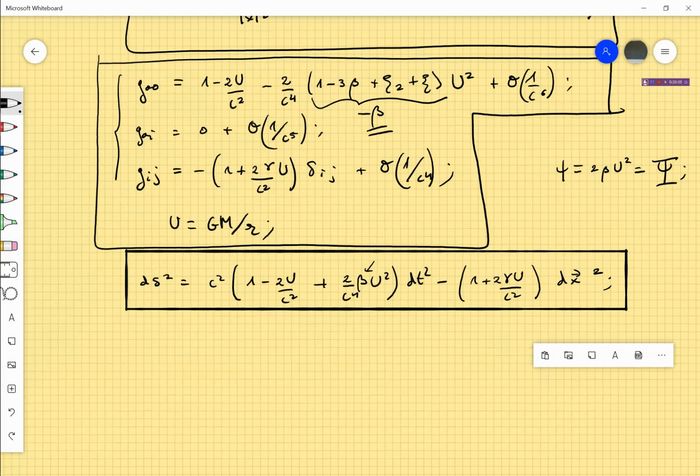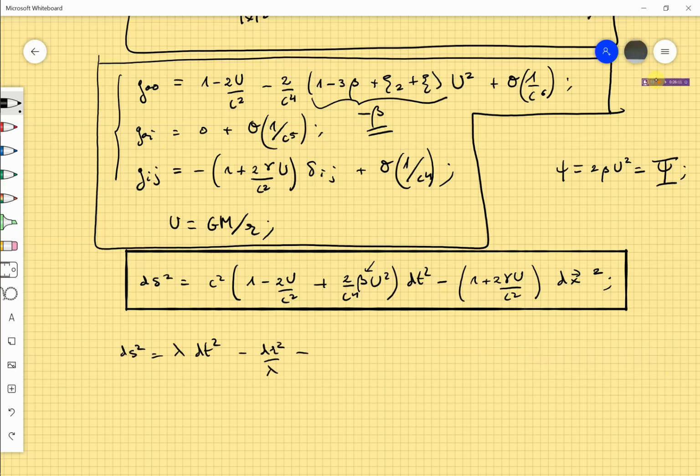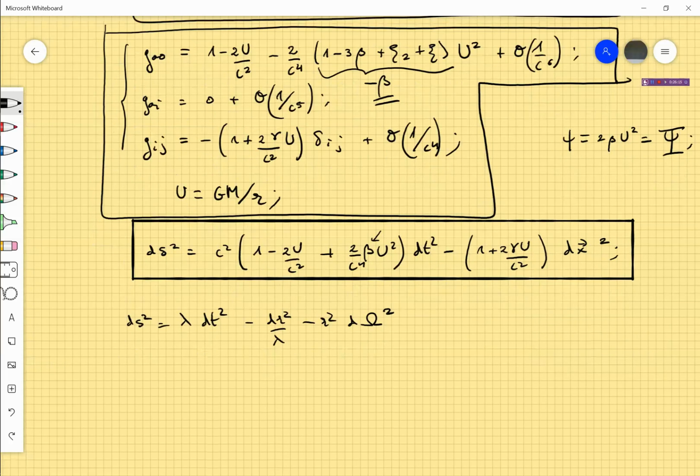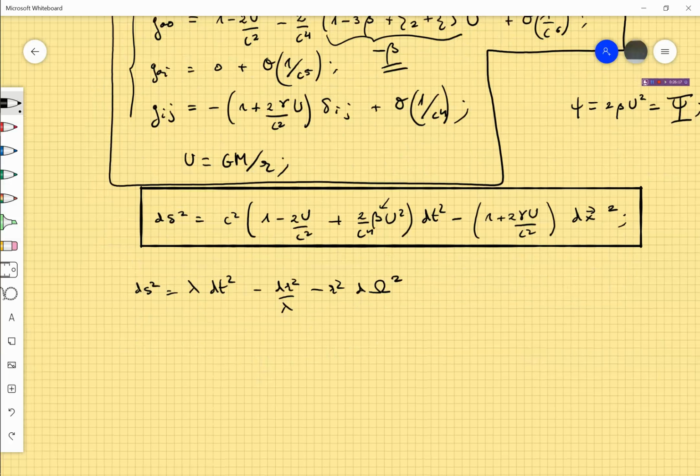But you see that in order to compare the Schwarzschild metric with this metric, you have to rewrite the Schwarzschild metric in this kind of coordinates. We gave the Schwarzschild metric in this form, minus dr squared divided by lambda minus r squared d omega squared, where lambda is just 1 minus 2GM over r.